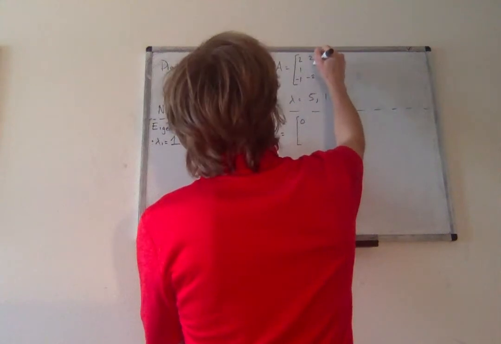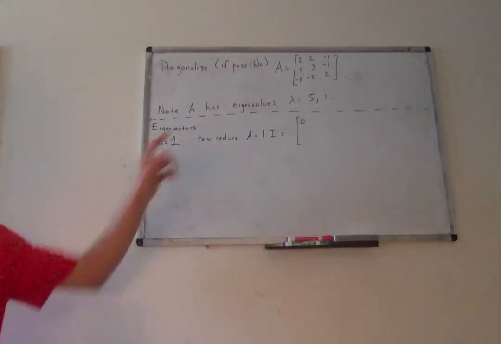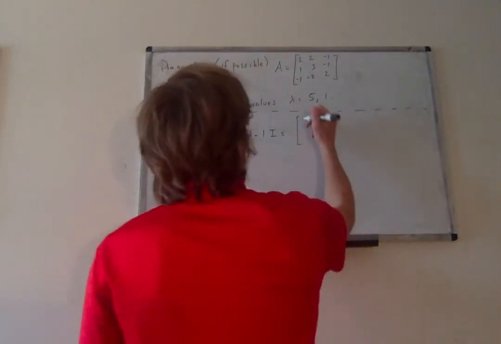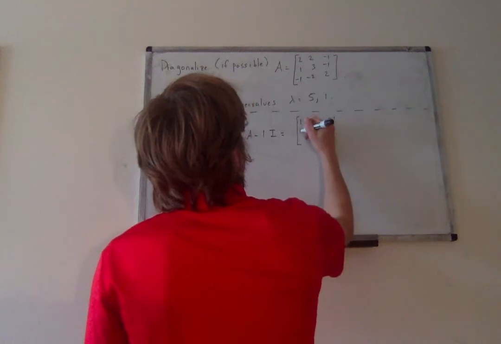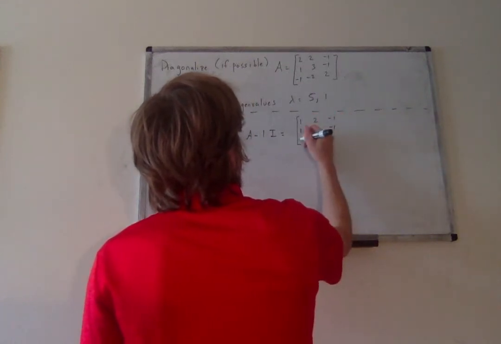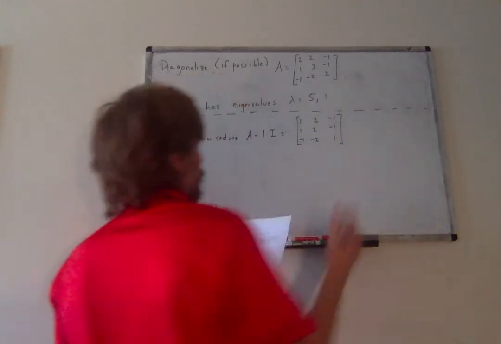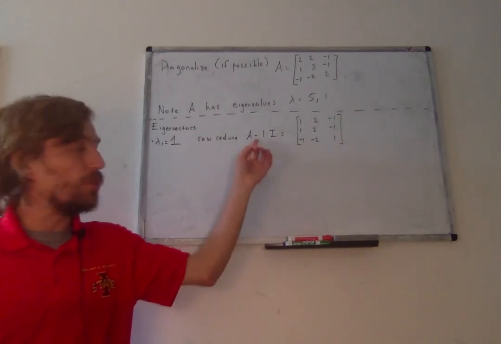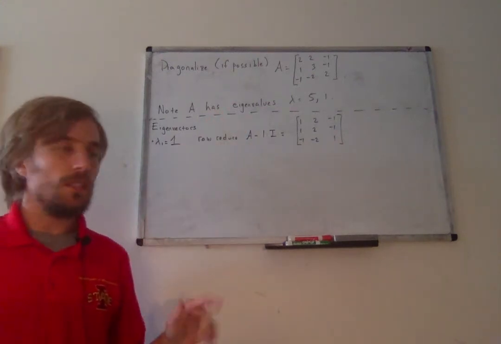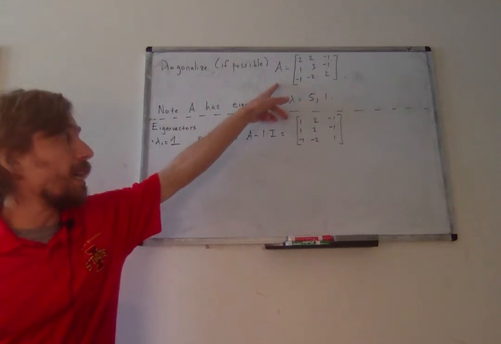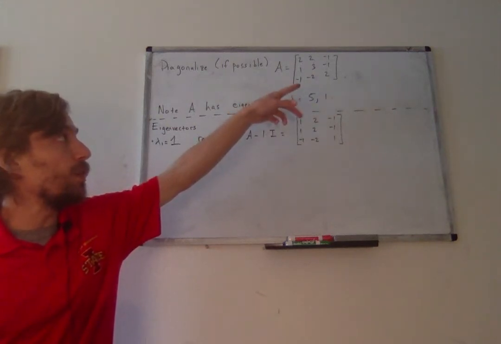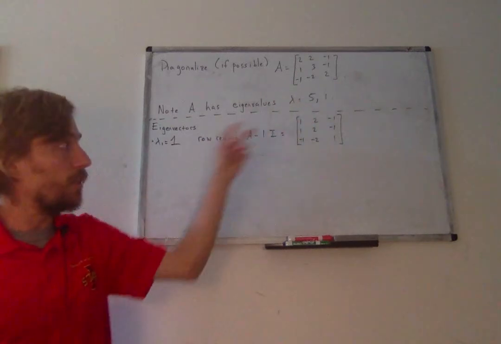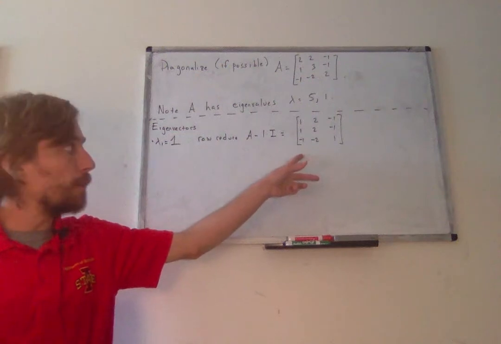I accidentally wrote on the board the wrong matrix. The matrix we're looking at is this one: 2, 2, negative 1, 1, 3, negative 1, negative 1, negative 2, 2. These are still its eigenvalues, and this is the first step here.